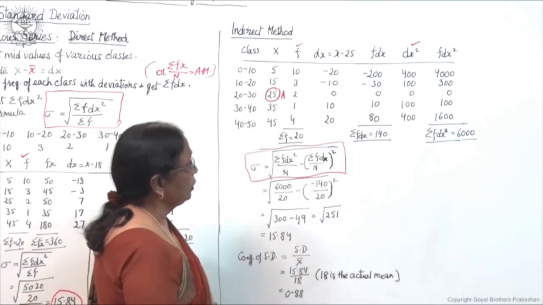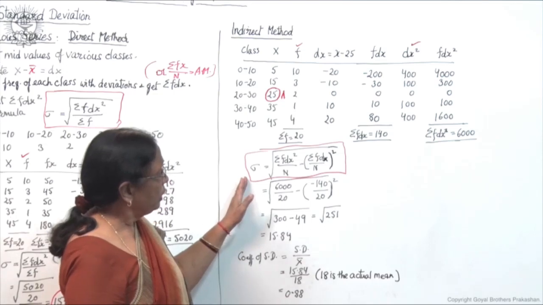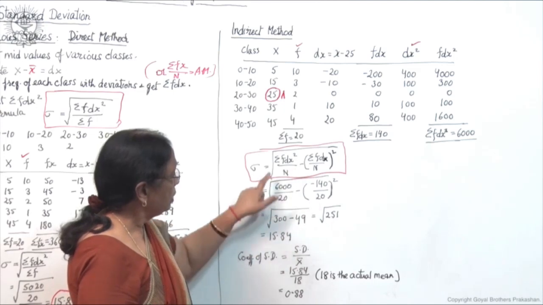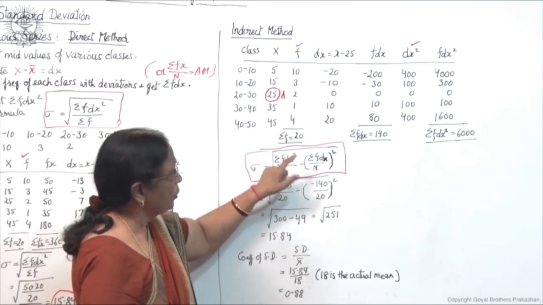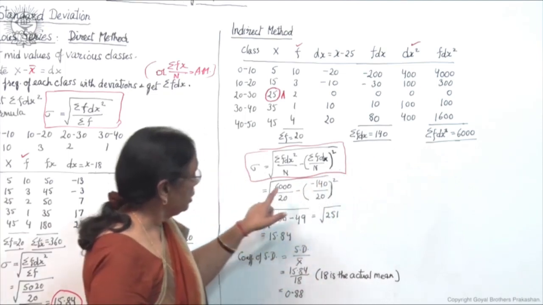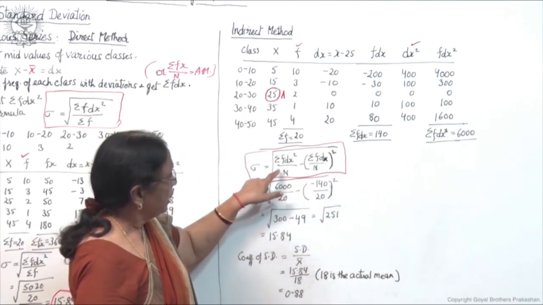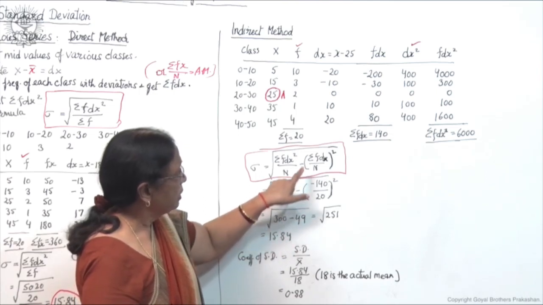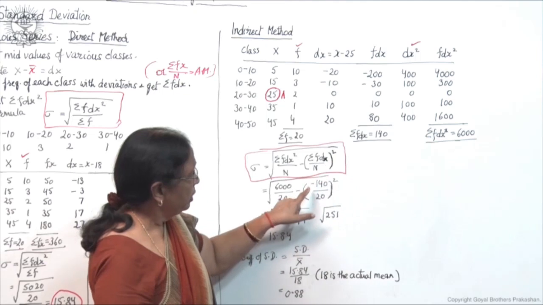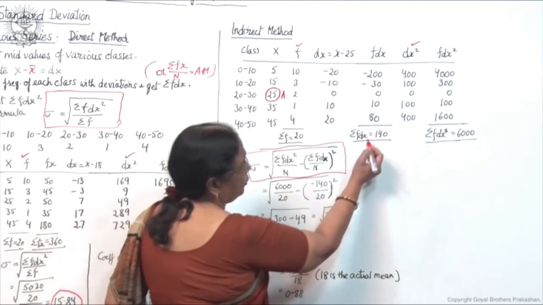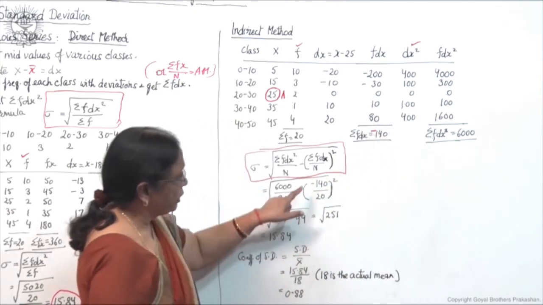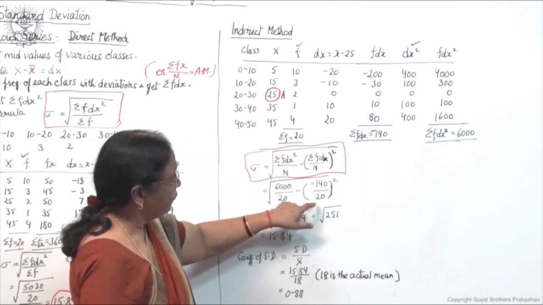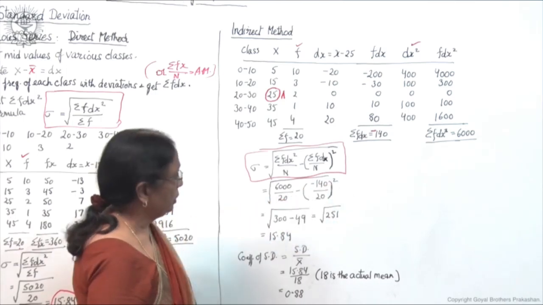Now after doing this calculation, first write down the formula, apply the values, this is the formula. Now sigma f dx square, this is 6000, so you will write down 6000 here. N is sigma f, that is 20, write down 20, minus sigma f dx is 140, so write down minus 140 upon 20, that is sigma f, and this is whole square.